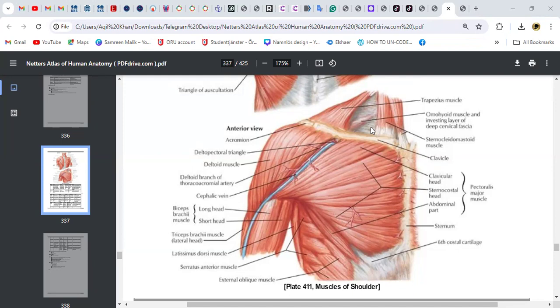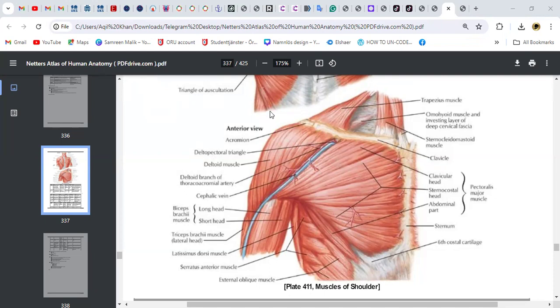They are not the intrinsic muscles, or the particular muscles which could be found in one particular region. We're discussing the upper limb, so those muscles which are only limited to the upper limb are called intrinsic muscles. This is, according to Netter's, or according to broad classification, how one can categorize these muscles.